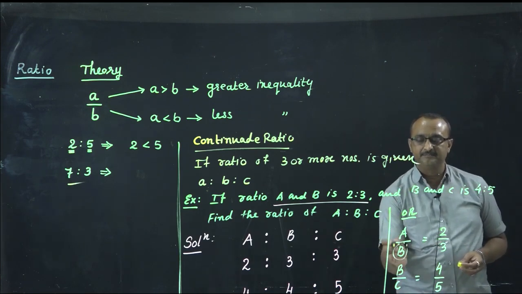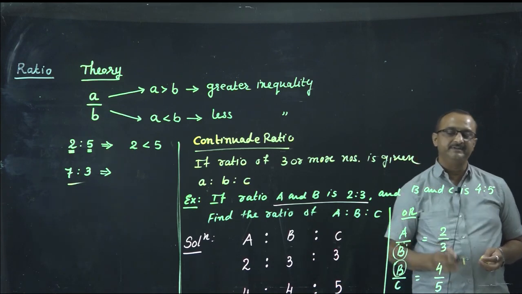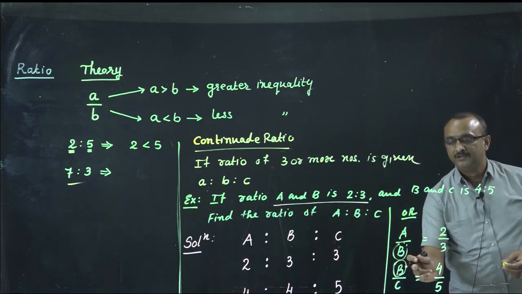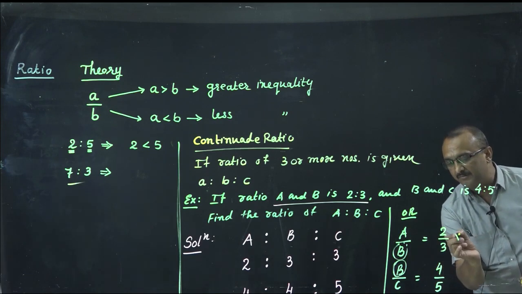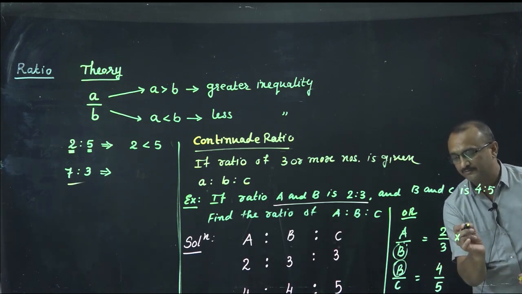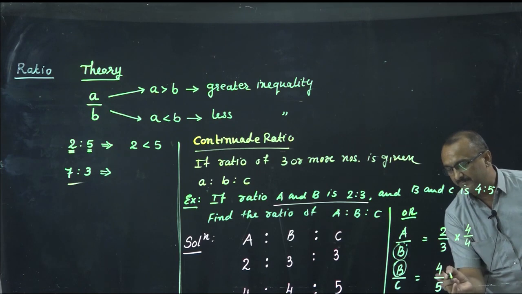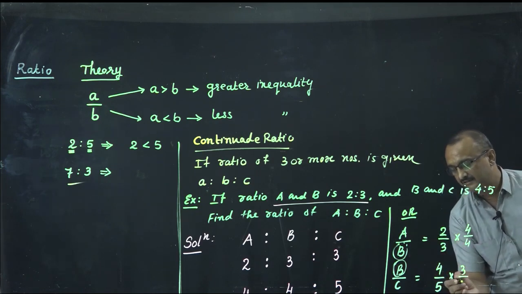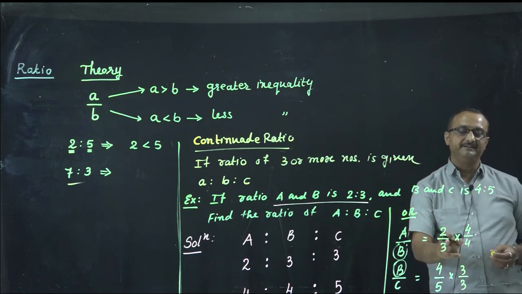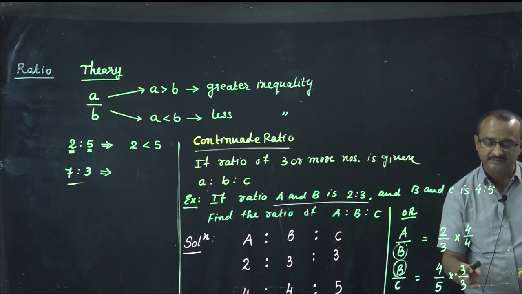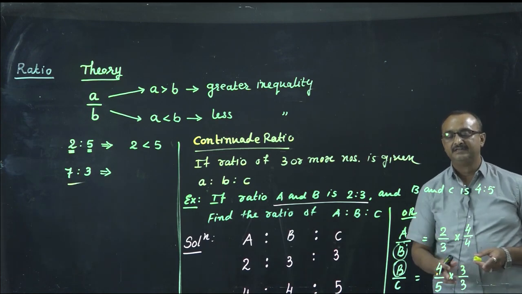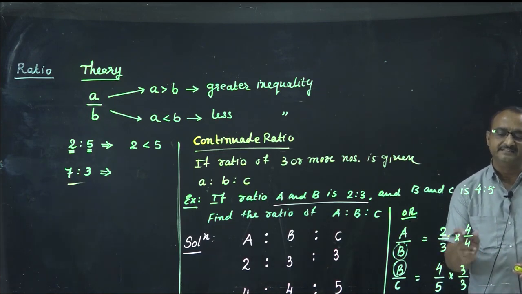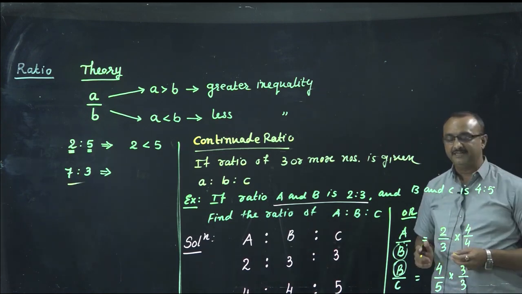Common number is B. Okay. B repeated in both the quantities. So we have to multiply above number by 4. Okay. And below number, second number, by 3. Okay. Multiply. If 5 is given here, we have to multiply and divide by 5 this number. And if 7 is given here, we have to multiply and divide by 7.